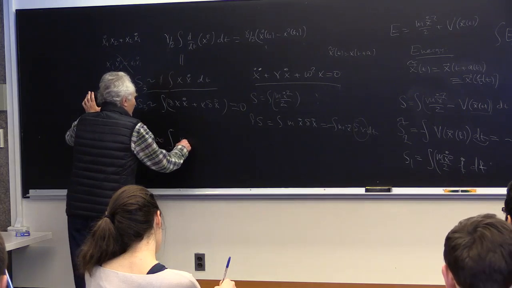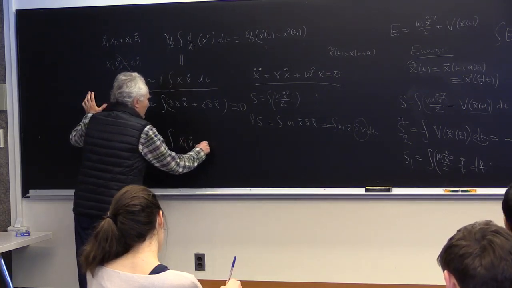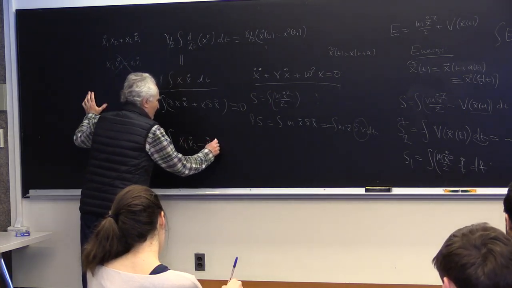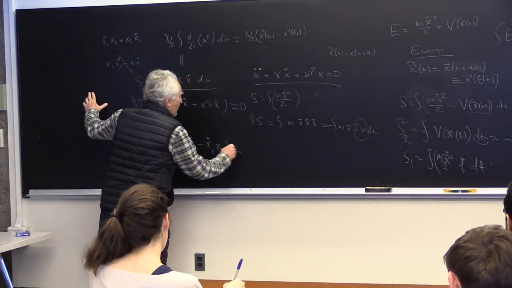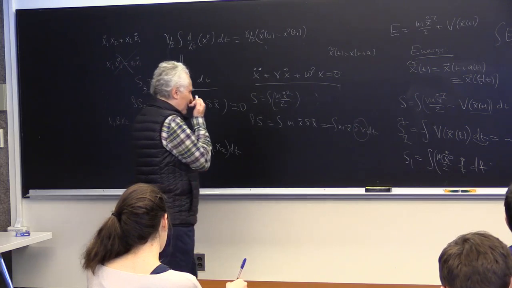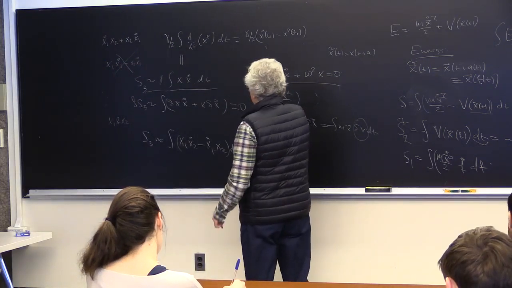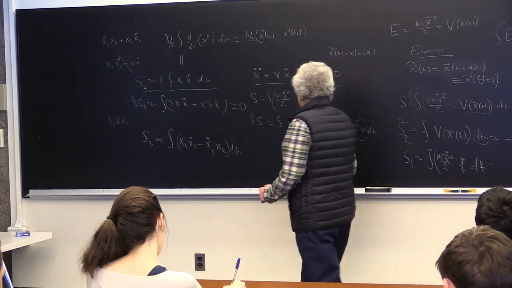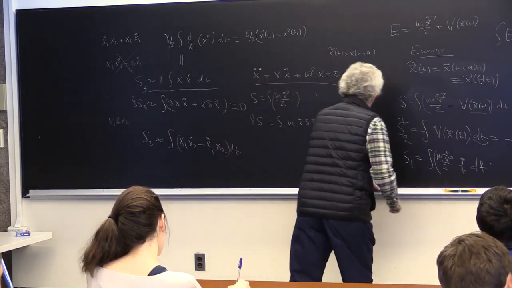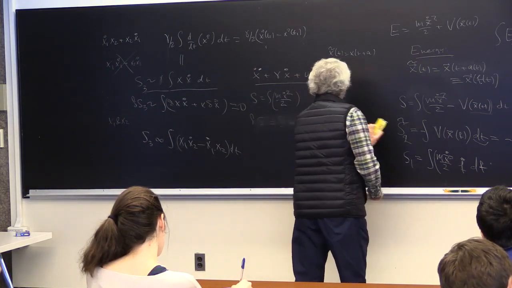So let's take this thing. And then when you vary this thing, you add it to the action of harmonic oscillator, and you will get the equation, not surprisingly.